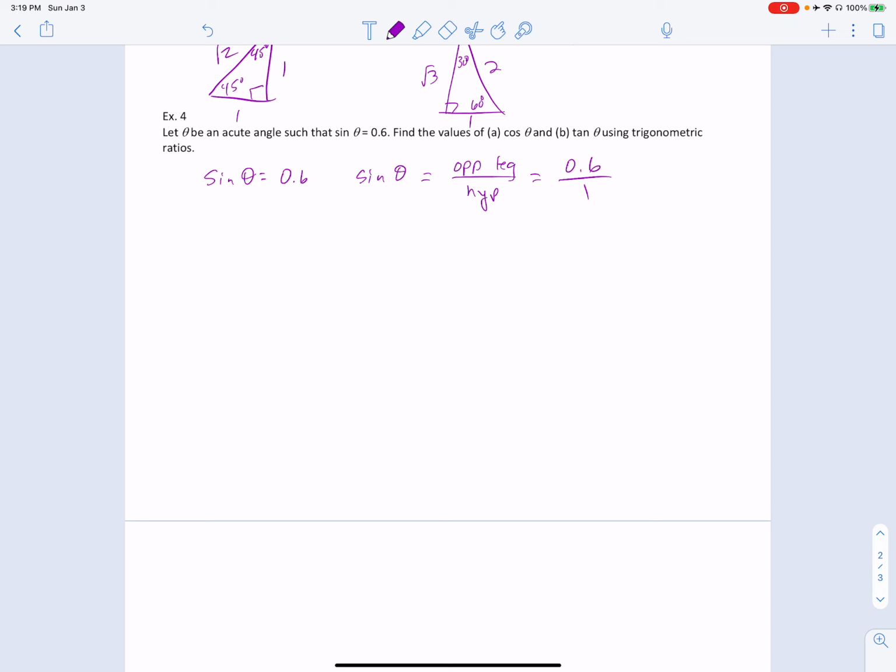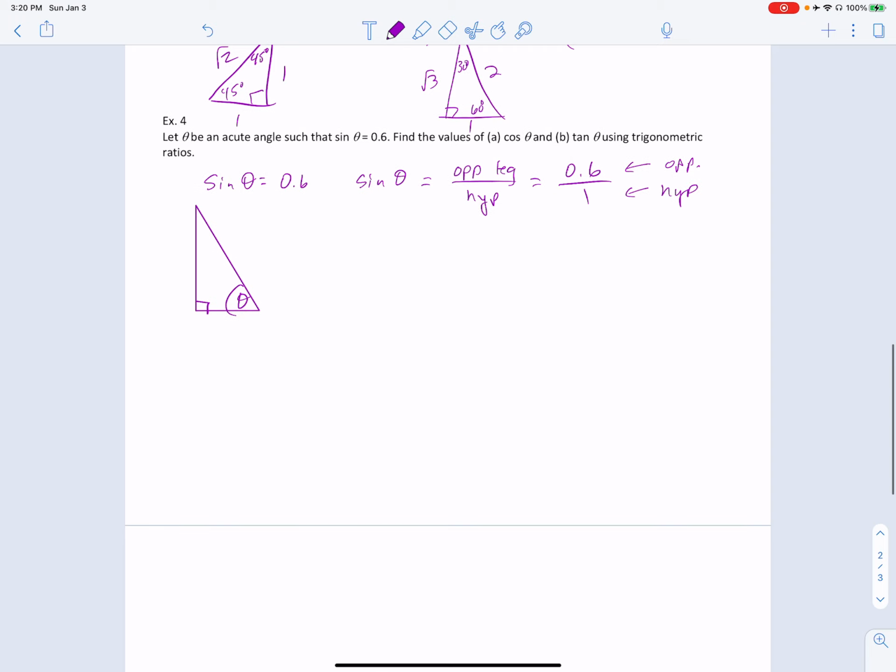So then theta is an acute angle of a right triangle, so set up a right triangle where you choose one of the angles. I don't care if it's realistic so much or not, but just write a right triangle, designate your reference angle, and I want to use this ratio. 0.6 is your opposite and 1 is your hypotenuse.